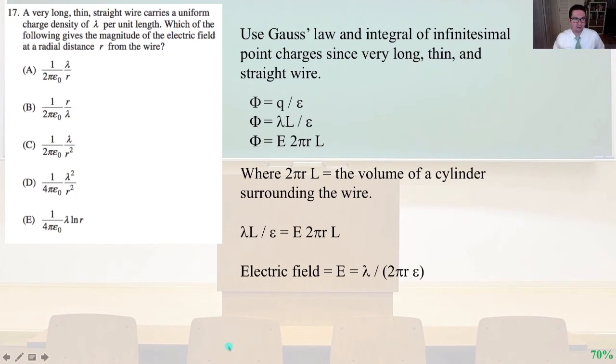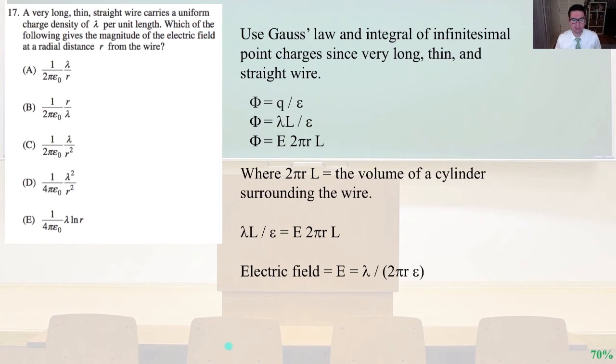Number 17, a very long, thin, straight wire carries a uniform charge density of lambda per unit length. Which of the following gives the magnitude of the electric field at a radial distance r from the wire? So we're going to use Gauss's law, since it's a very long, thin, and straight wire. So phi is going to equal q over epsilon, q being the charge.